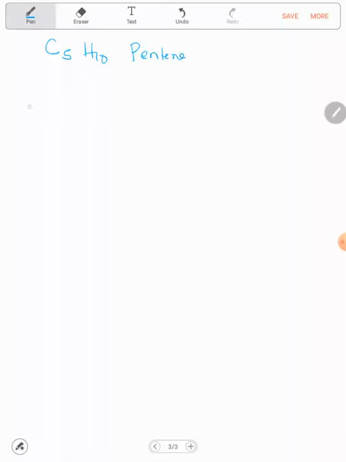So if I draw the normal structure for pentene, I'm going to have this, then this, then that, and that, and that there. 4, 5, 6, 7, 8, 9, 10.